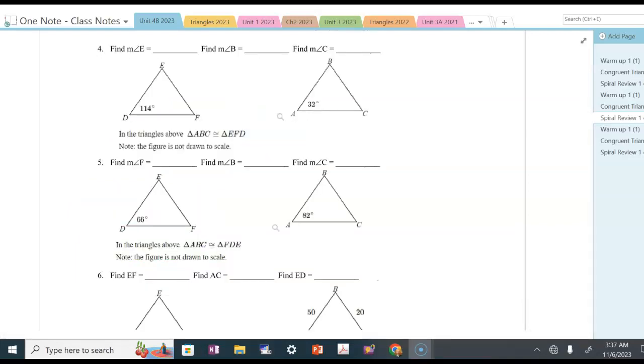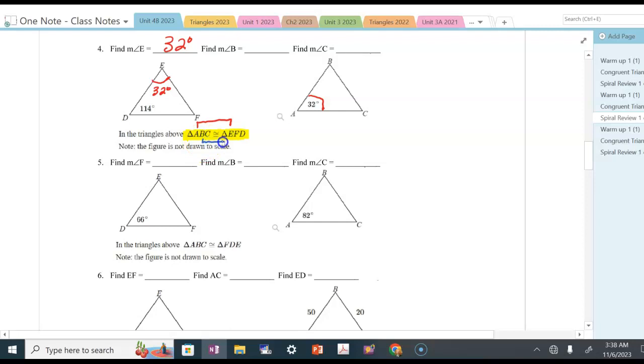So if we look at problem number 4, I'm told this statement, triangle ABC is congruent to triangle EFD, which means A goes with E. So if A is 32 degrees, that means E is 32 degrees.